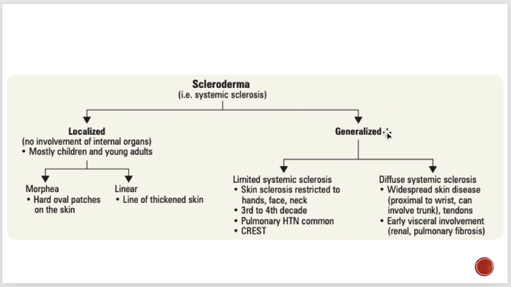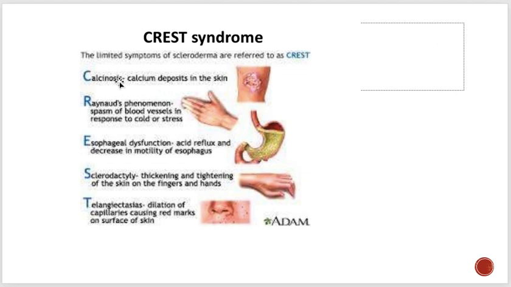The generalized form is now classified into two main types: one is diffuse systemic sclerosis, and one is limited systemic sclerosis. The limited systemic sclerosis is also called CREST syndrome. Now, what is CREST syndrome?